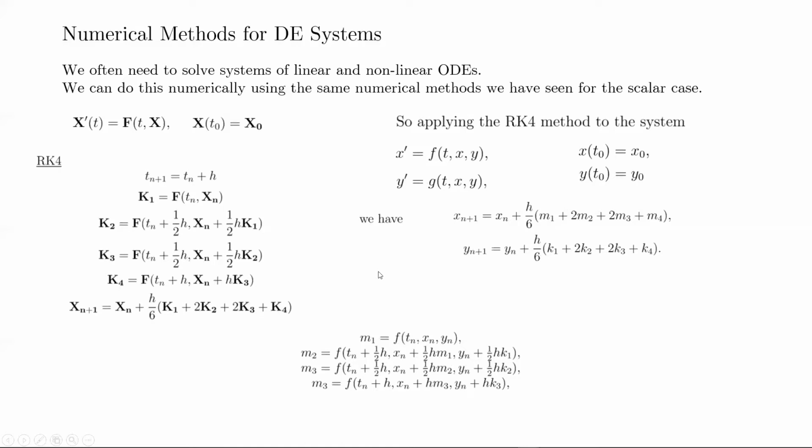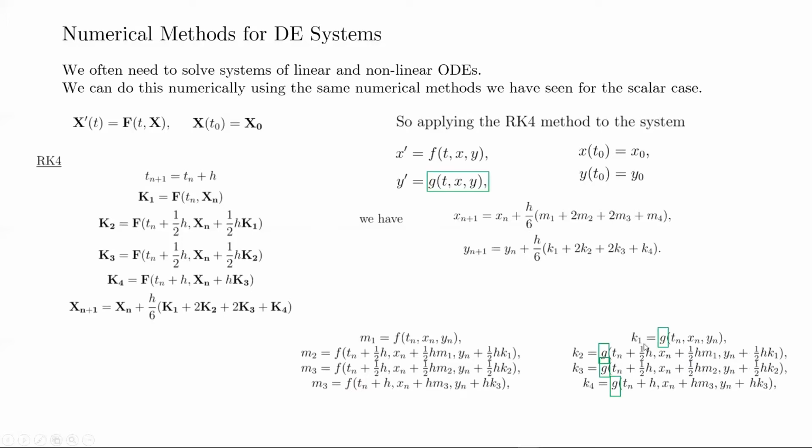Let's point out that the m's here, which are associated with the update for x, are the right-hand side of the ODE for x. The k terms are exactly the same; in fact, all the arguments in here are exactly the same, except the function is g here. The k's are the predictor steps for the update of y, and they refer to evaluating the function g in the ODE for y.